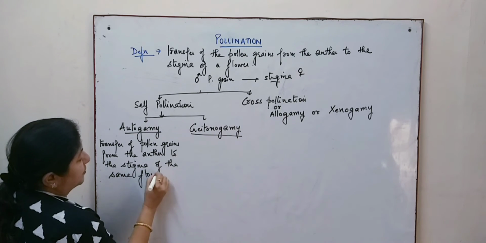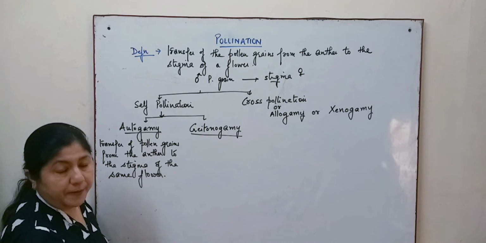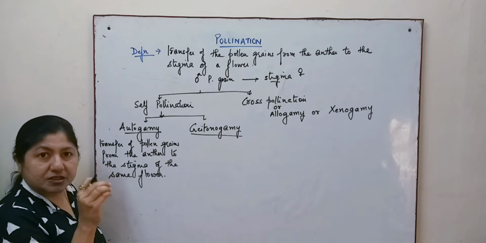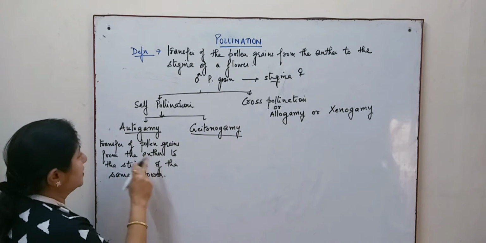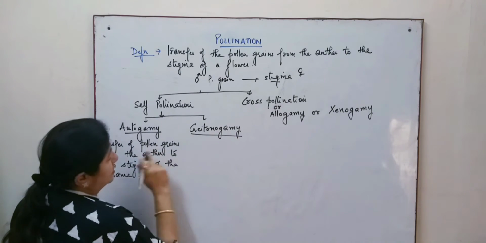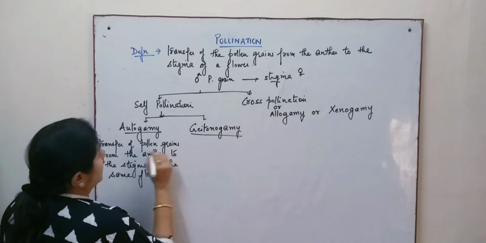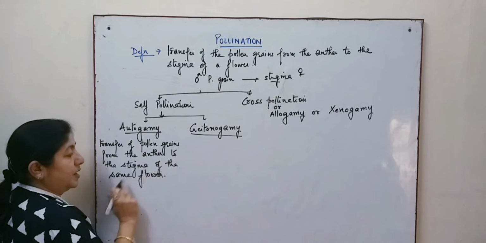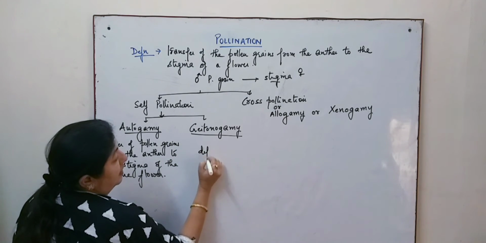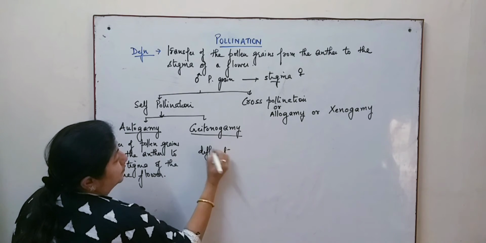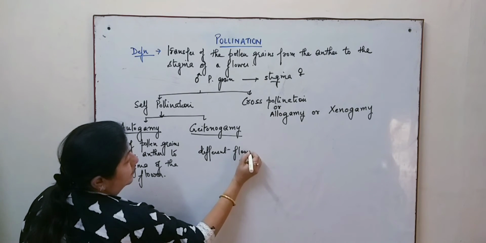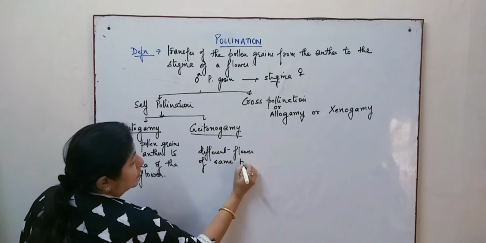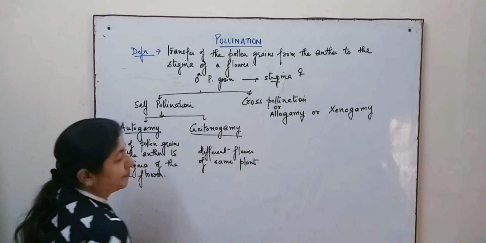So it is a perfect case of self-pollination where the pollen grain lands onto the stigma of the same flower. But geitonogamy, which is different from autogamy, is the transfer of the pollen grain from the anther to the stigma of a different flower of the same plant. So the plant will be the same.